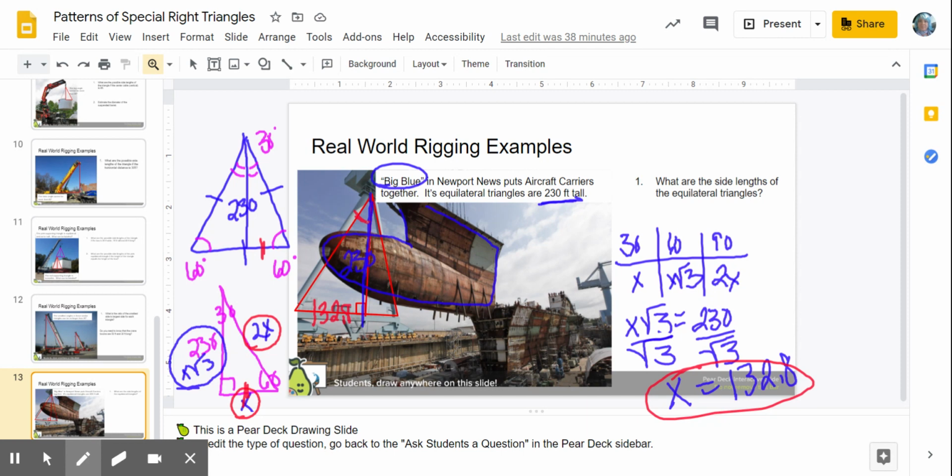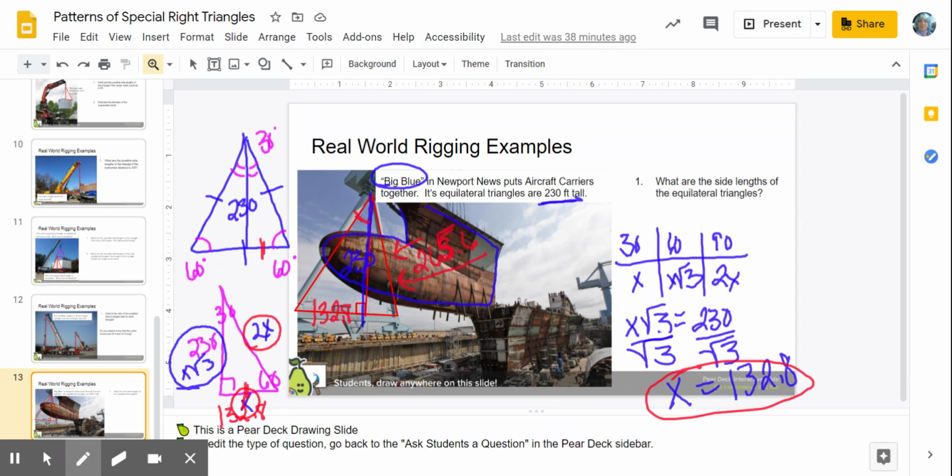So if I know that this is 132.8, how do I find the hypotenuse? Multiply by 2. So what's 132.8 times 2? 265.6.